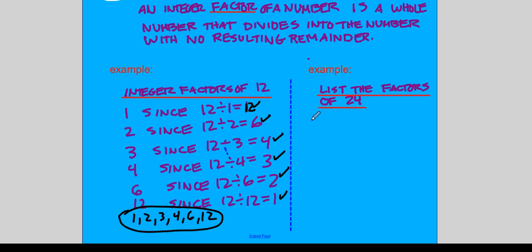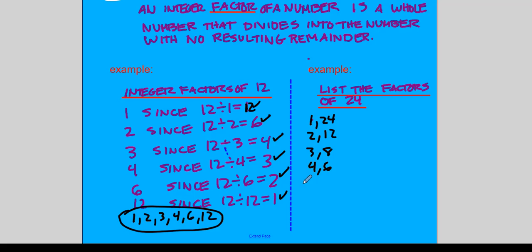So now let's list the factors of 24. Well, we know that 1 goes into 24, 24 times. Let's just pair them off right now. So 2 goes into 24 12 times, 3 goes into 24 8 times, 4 goes into 24 6 times, 5 doesn't go in, 6 goes in 4 times, we already covered that, 7 doesn't go in, 8 goes in 3 times, 9 doesn't go into 24, 10 doesn't go into 24 without a remainder, 11 doesn't, 12 does twice, and then we're at 24.